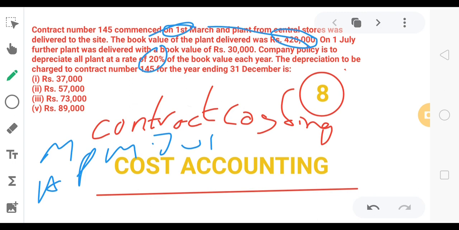From March to 31st June is the period of use, March, April, May, June. So on 1st July, 6 by 12 of 4,20,000.